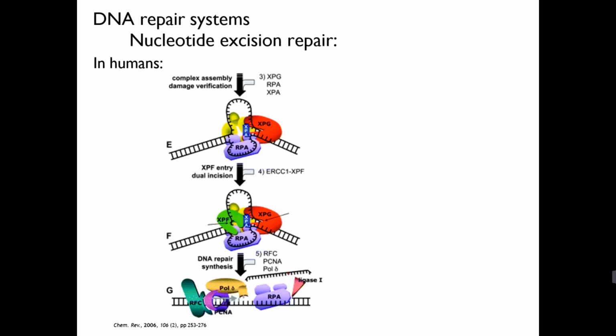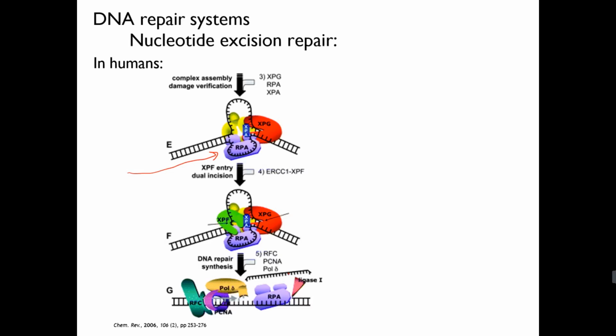All right, continuing on with NER. What would you imagine would happen to the single-stranded DNA that doesn't contain the lesion? I'm just going to highlight it here in this slide. What does it say here? It says RPA. So the RPA is readily bound to that strand that doesn't contain the lesion.